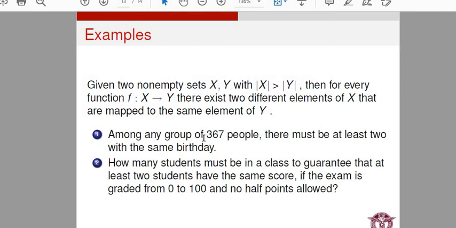Given two non-empty sets X and Y, where the size of X is greater than the size of Y, then for every function f from X to Y, there exist two different elements of X that are mapped to the same element of Y. So among any group of 367 people, there must be at least 2 with the same birthday, right? And how many students must be in a class to guarantee that at least 2 students have the same score? The exam is graded from 0 to 100 and no half points are allowed. Okay, these are the examples.